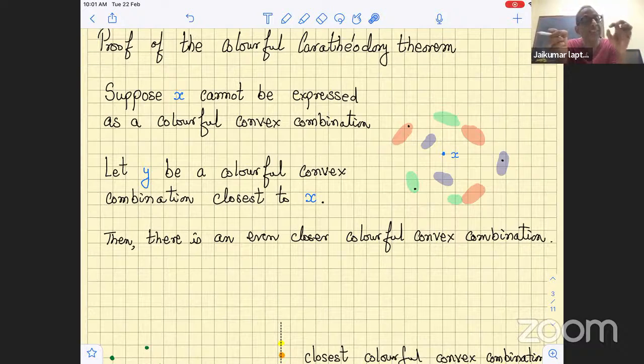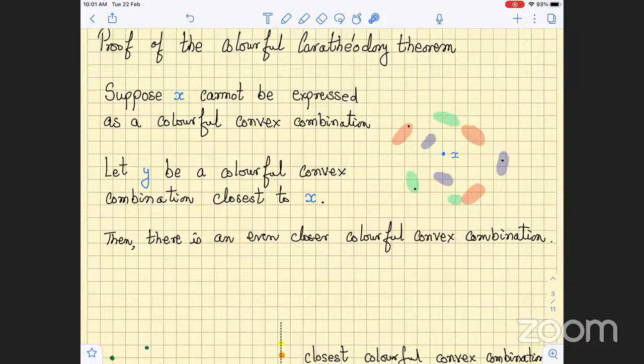If X is outside, there is a closest point in that convex hull to X. For each choice of a red point, green point, and blue point, there is a closest point to X in the convex hull of those points. There is only a finite number of such convex hulls. Each of them has a unique minimum, and you take the minimum among those minima, and you will get the unique point Y. Is this clear? Okay, but I will let you think about it.